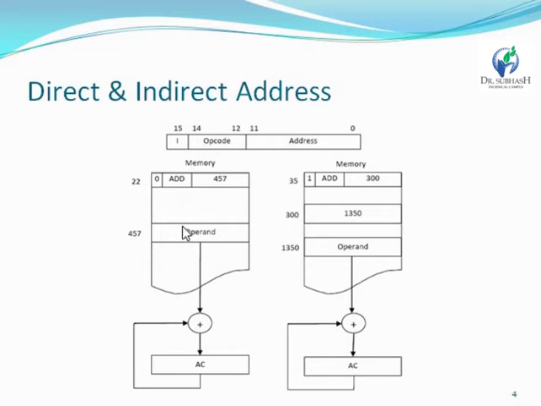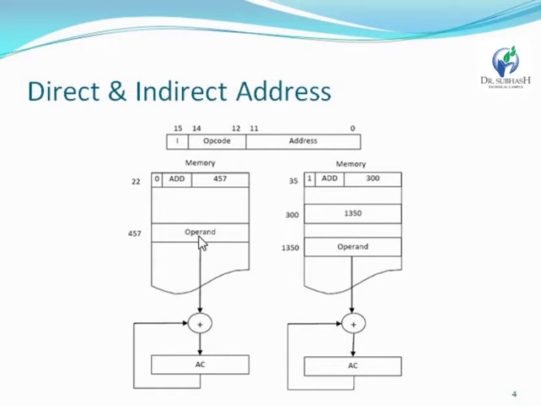Then we can see these numbers. Here one number is 457 and the other number is 300. The address 457 is directly connected to one operand code. Here the number 300 is not directly connected to any memory reference.